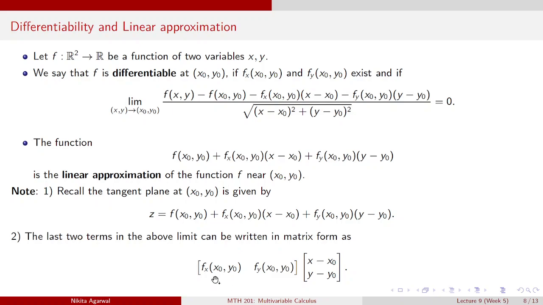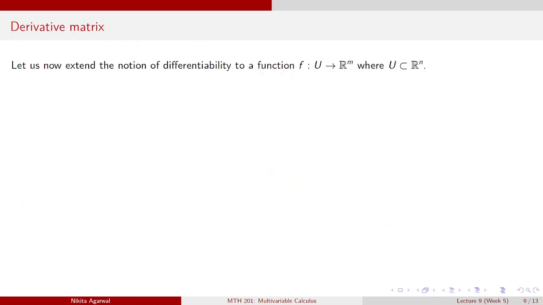You can write it as the multiplication of this row vector (fx, fy) with the column vector (x minus x0, y minus y0), right? So if you multiply, you get fx times (x minus x0), which is this term, plus fy times (y minus y0), which is this term. And this representation in terms of matrices is going to be useful later.